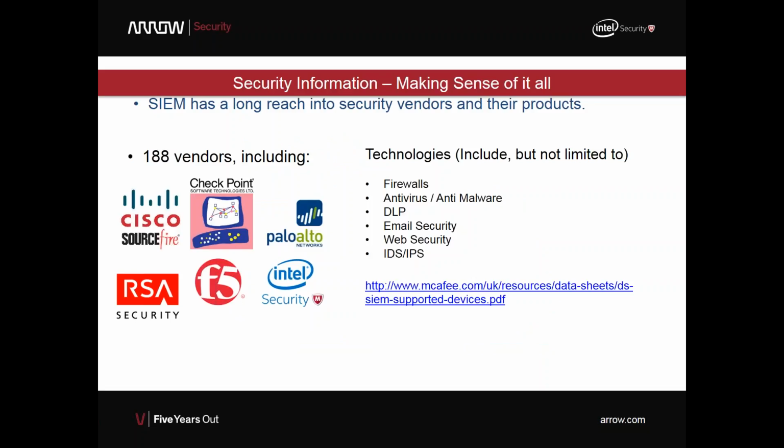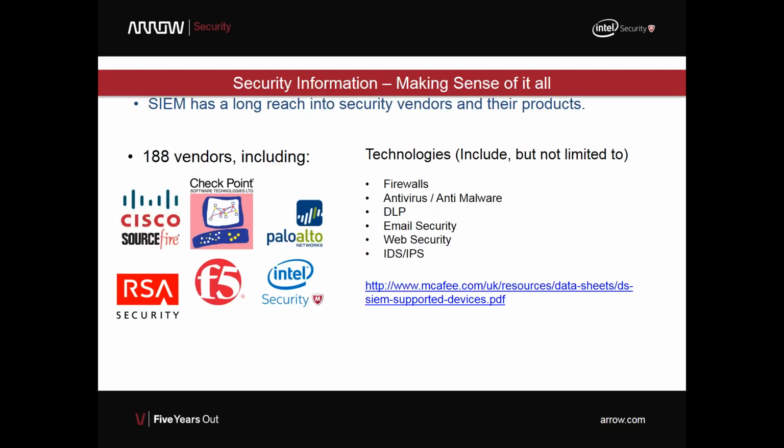So the Intel Security SIEM supports up to 188 vendors. These are security and infrastructure vendors, and it's not the individual products they support, it is the vendor as a whole. So if you look at Intel Security, all of the products are supported.